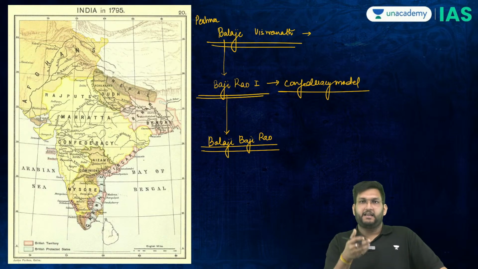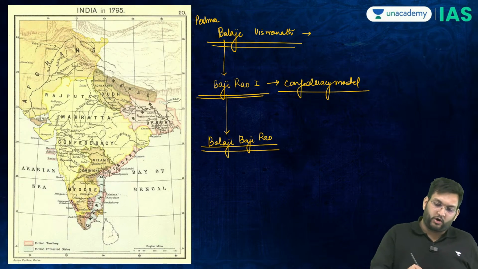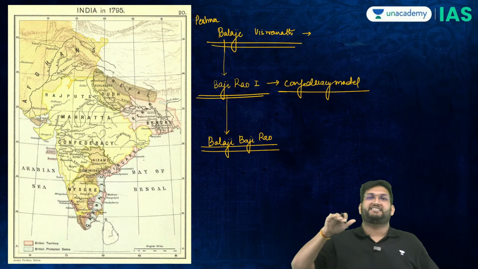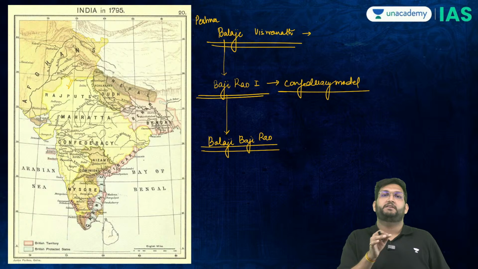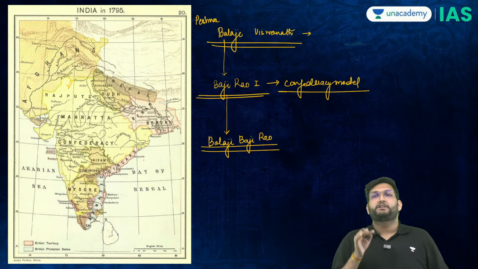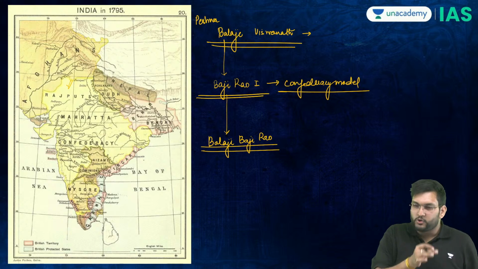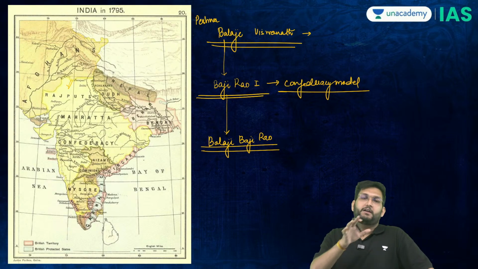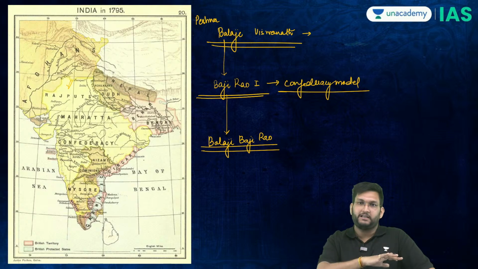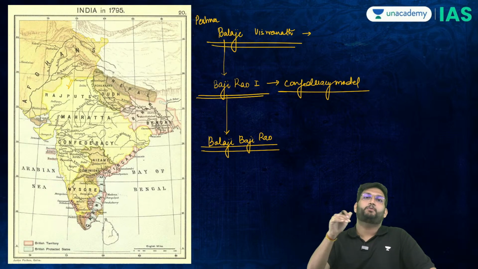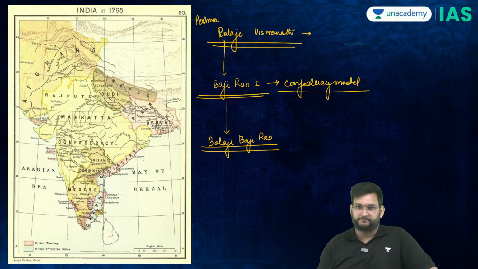In return for the Chauth and Sardeshmukhi in the northwestern sector, a treaty will be signed between the Marathas and the Mughals in 1751: in lieu of the Chauth and Sardeshmukhi of the northwestern sector in and around Delhi, the Marathas will protect the Mughals from any external or internal threat.